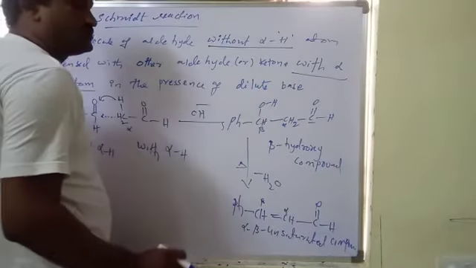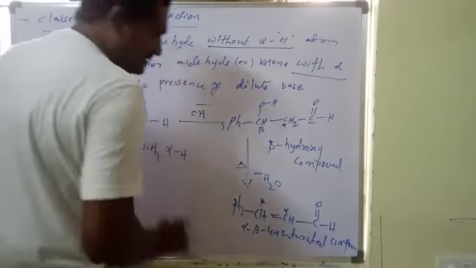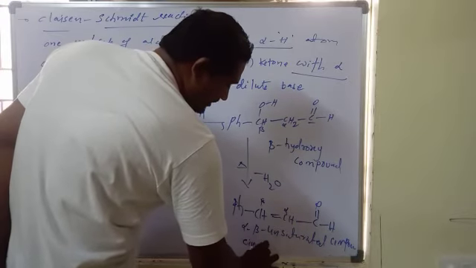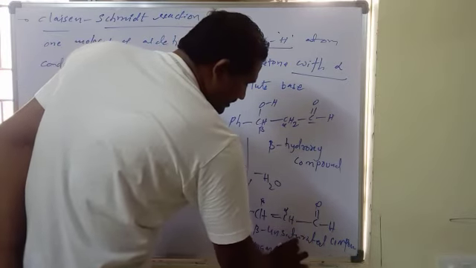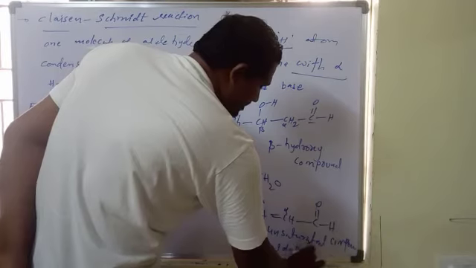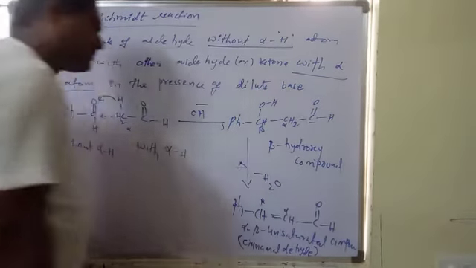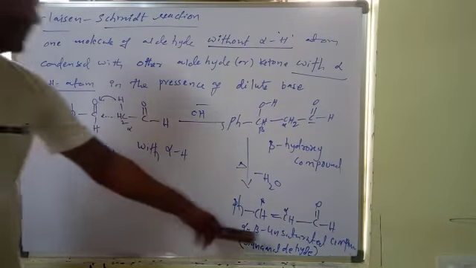Beta hydroxy compounds are also called aldols. This is known as cinnamaldehyde, the common name of this compound. The class is alpha beta unsaturated, and the name of this compound is cinnamaldehyde.